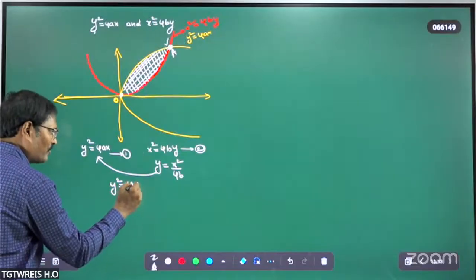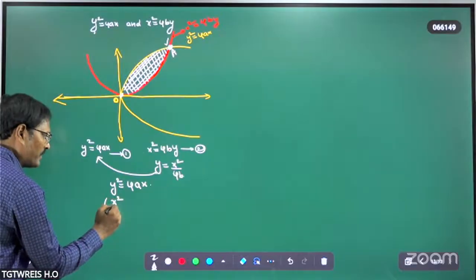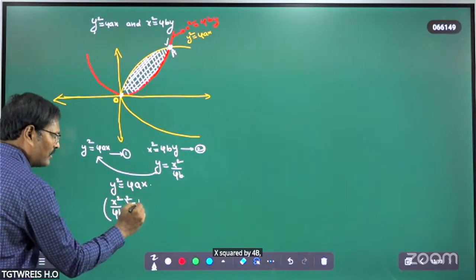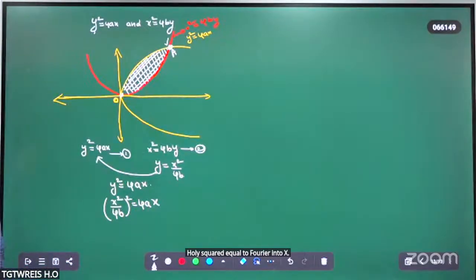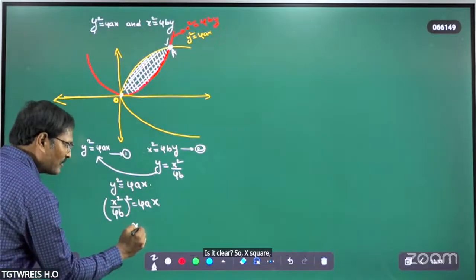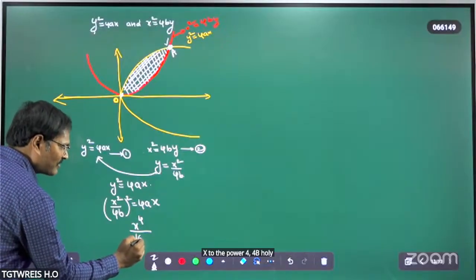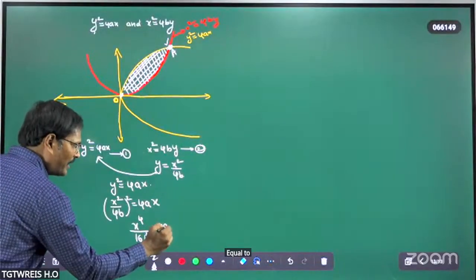y square equal to 4ax. (x square by 4b) whole square equal to 4a into x. Is it clear? So x square whole square means x power 4. 4b whole square means 16b square, equal to 4ax.